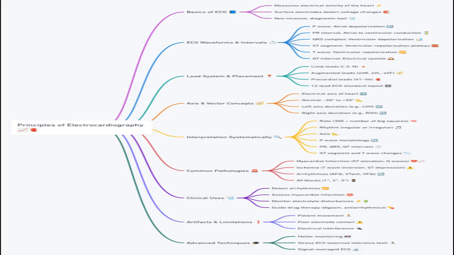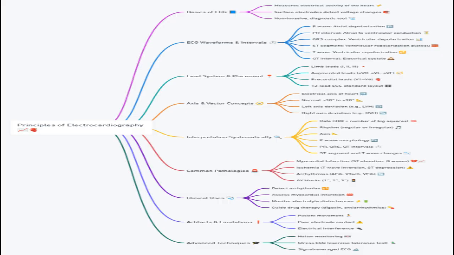The QT interval spans from the beginning of the QRS complex to the end of the T wave, representing the total time of ventricular depolarization and repolarization. The clinical relevance: prolonged QT can predispose to arrhythmias such as torsades de pointes.